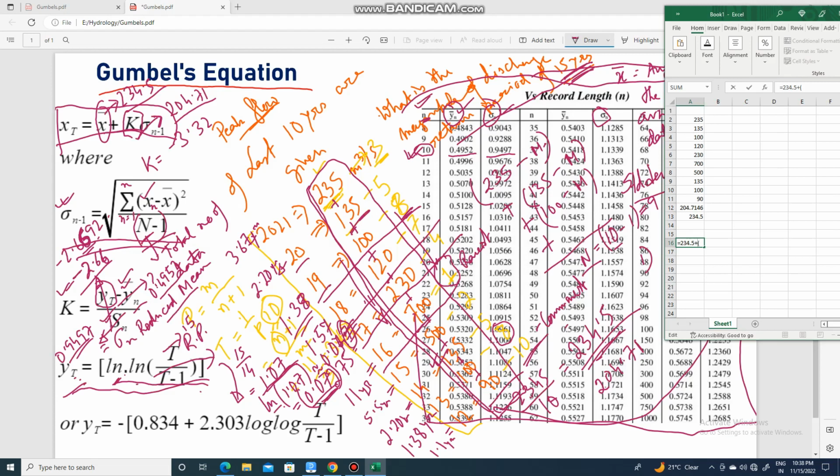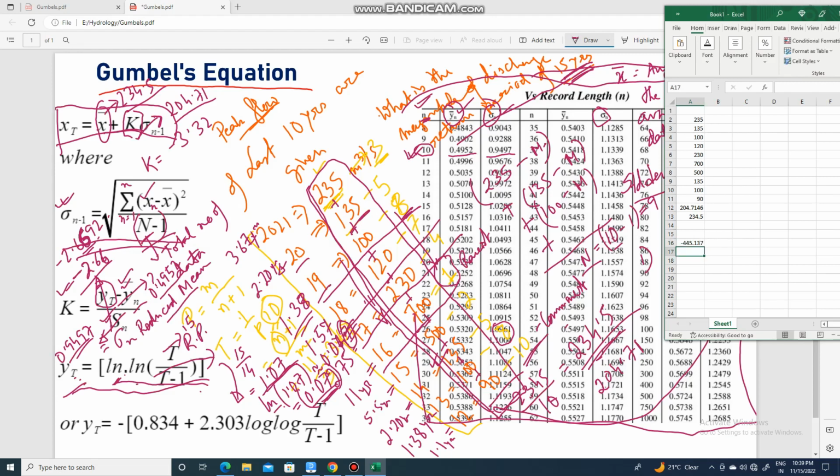This 3.32 is the value of k, minus 3.32 is the value of k, and you have to multiply this with the standard deviation, which is equal to 204.71, correct?